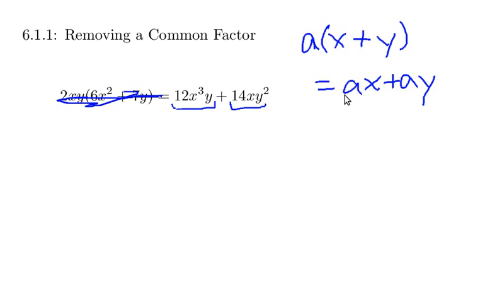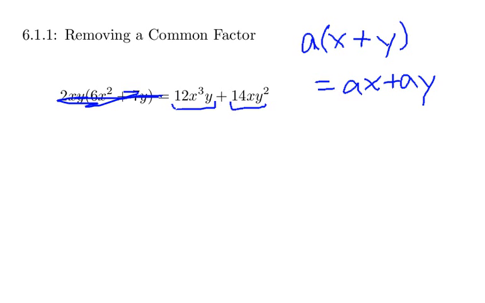We want to find the a that we can pull out. We want to find the things that are common to both of them. So let's go ahead and work with this one. Let's go ahead and factor this out. And to do that, first we need to find the factors that are common to both of them.